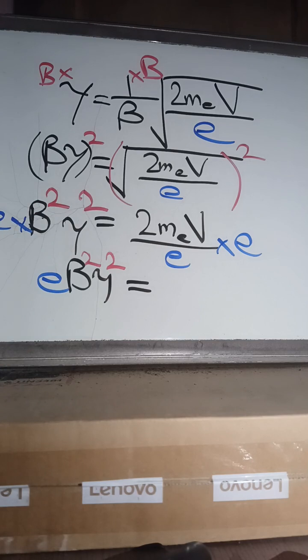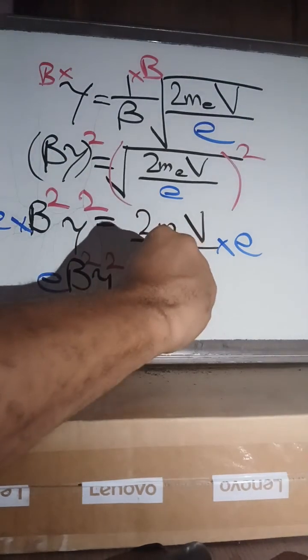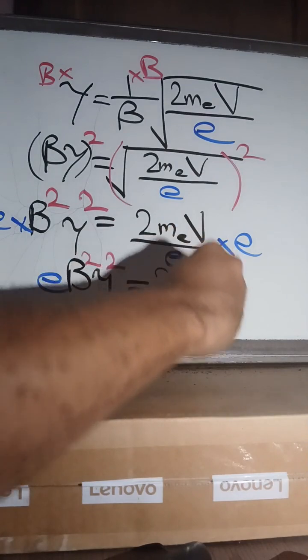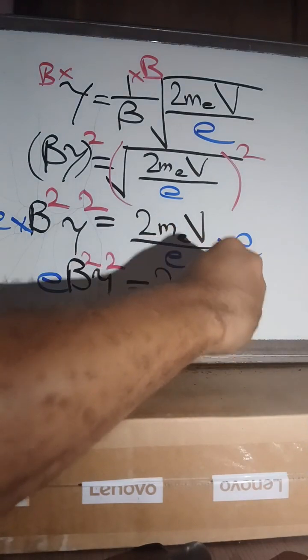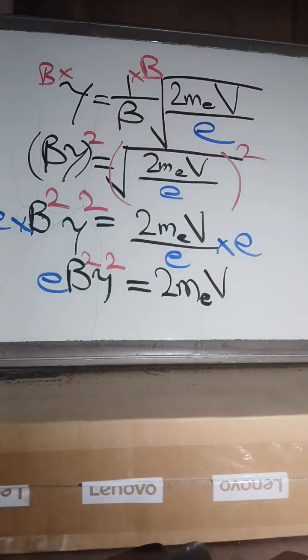And then the right is going to look like this. Now you just divide both sides by b squared y squared.